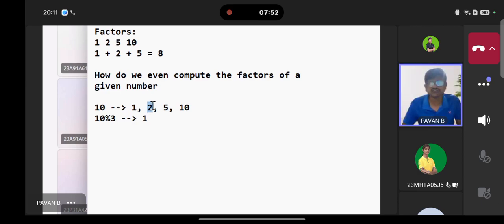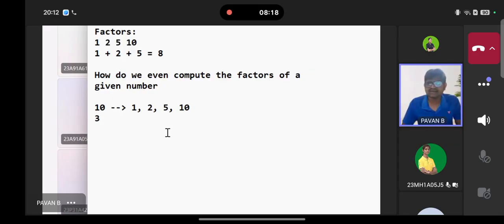If you take 2 and try 10 mod 2, 2 goes into 10 five times, 2 into 5 is 10, and the remainder is 0. Whichever number gives 0 as the remainder when it divides 10 is a factor. But the reason you skipped 3 is because you checked 3 also.